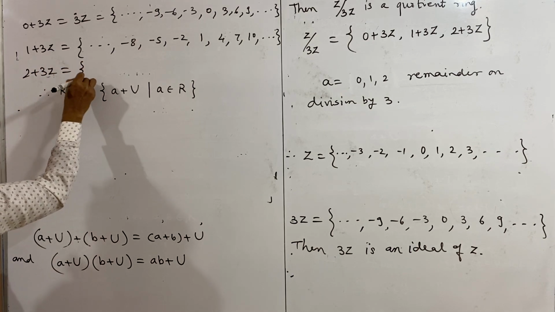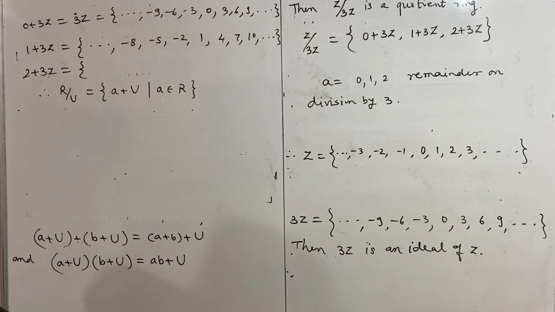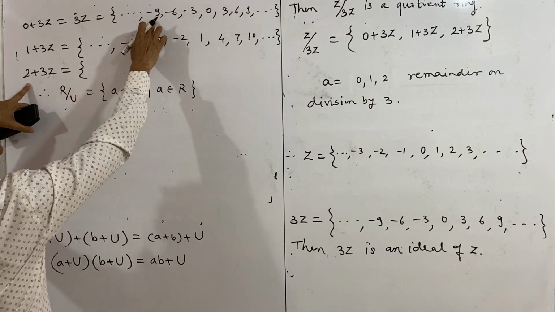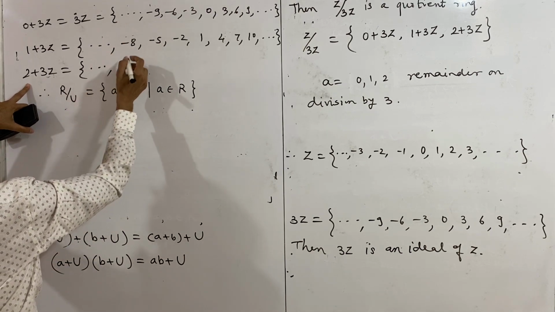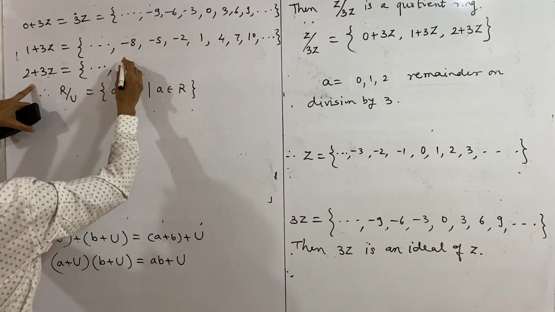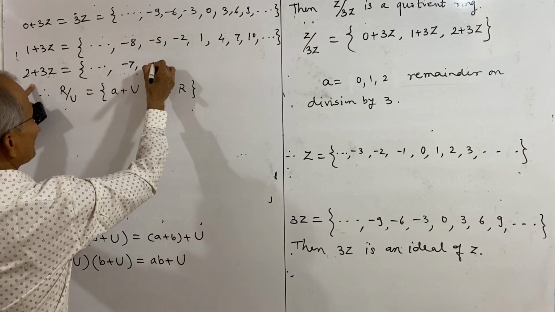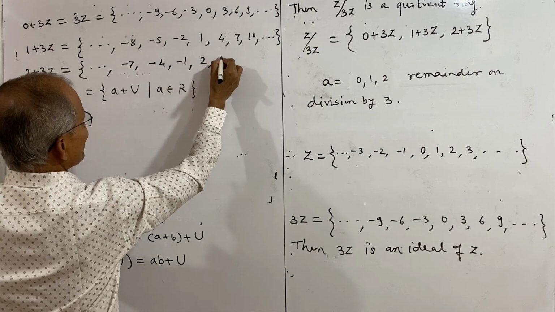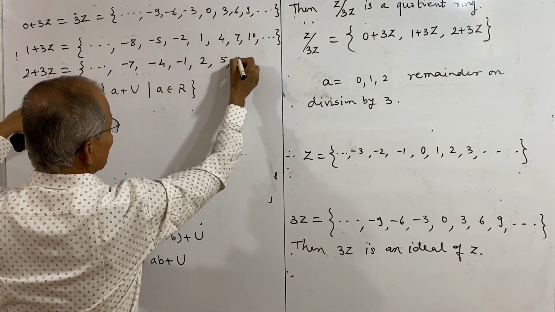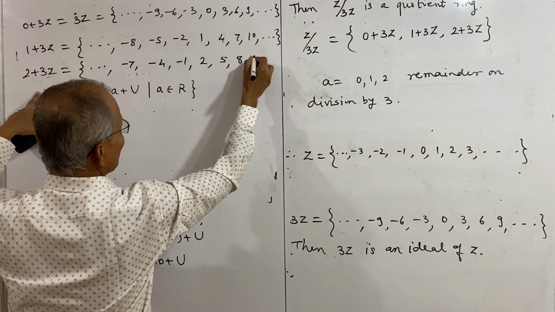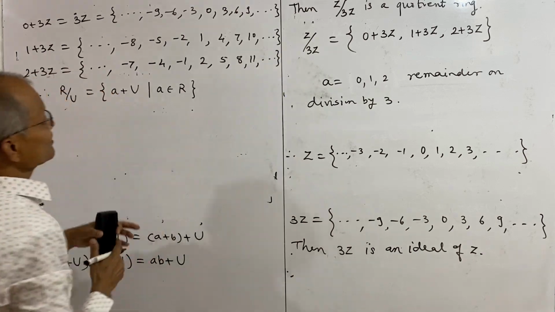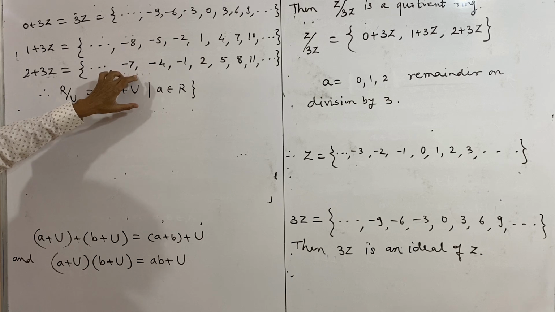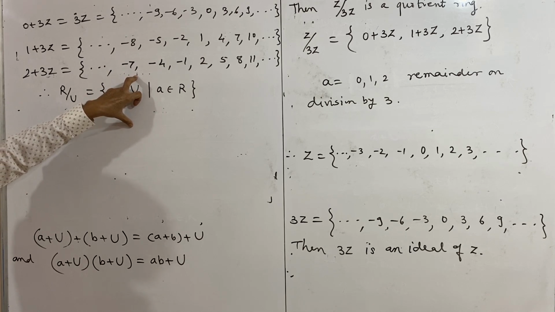Those integers which leave remainder 2 when divided by 3, obtained by adding 2 to the multiples of 3, that is minus 7, minus 4, minus 1, 2, 5, 8, 11 and so on. Every element in this coset leaves remainder 2 when divided by 3.